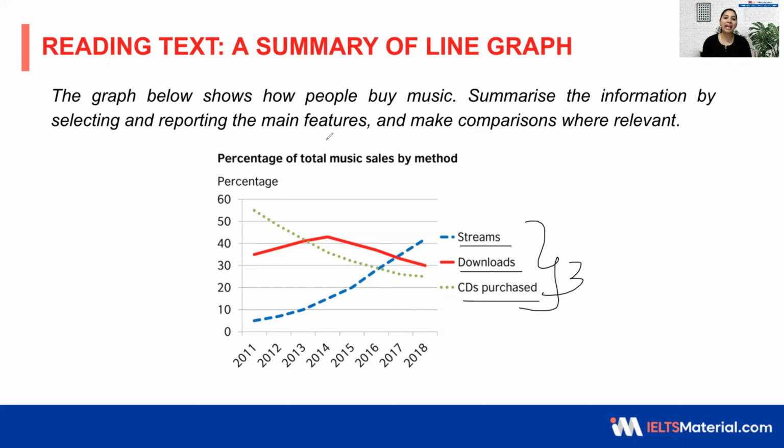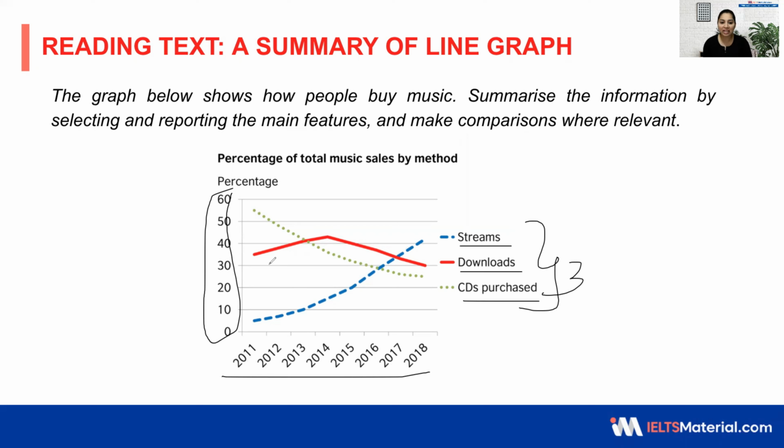This particular line graph is talking about the number of people and how they buy music. So there are three ways of buying music. All these categories are explained with the help of percentages, and they are described in terms of a time period, that is year, which starts from 2011 and ends in 2018.